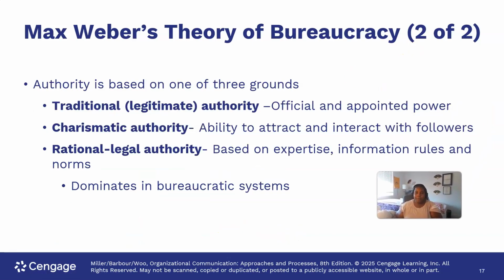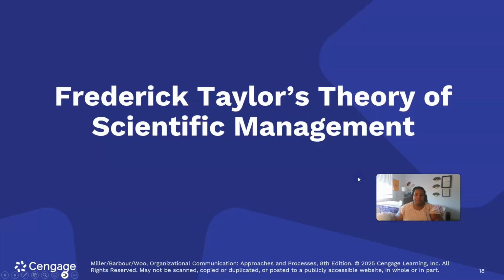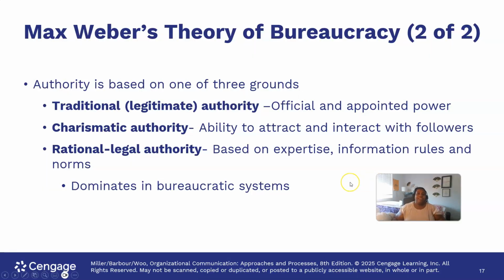All right, which leads me into types of power. Authority is based on three grounds: traditional or legitimate authority. These are people who are appointed or are official. The book talks about kings and queens, or we can talk about people appointed, politicians, and the like.